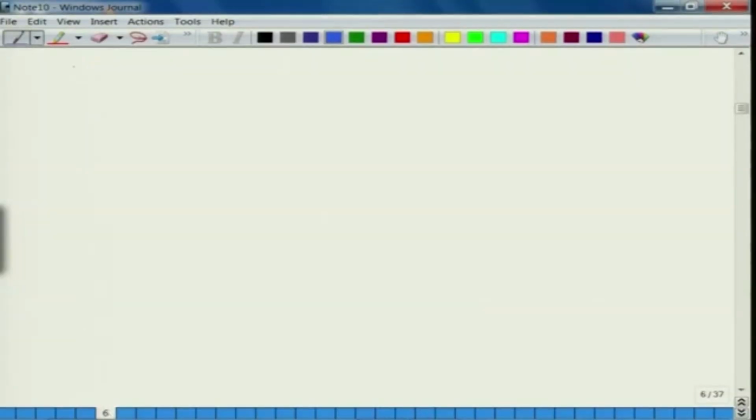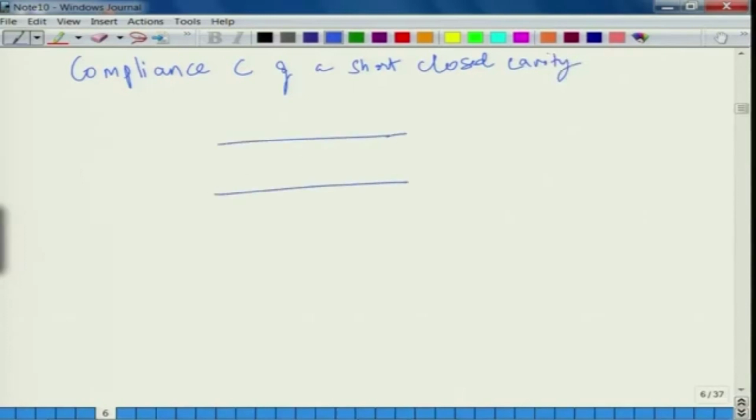So, what we are going to do now is analyze the compliance C of a short closed cavity. So, let us consider a tube like this whose length is L, and we will see precisely what we mean by short.